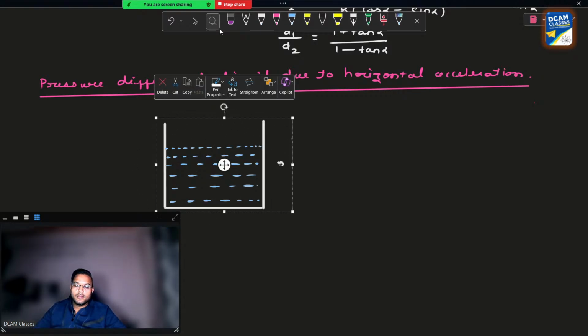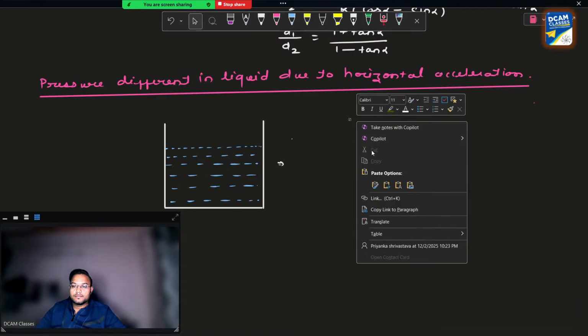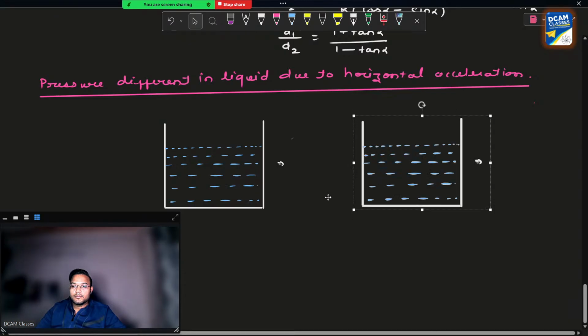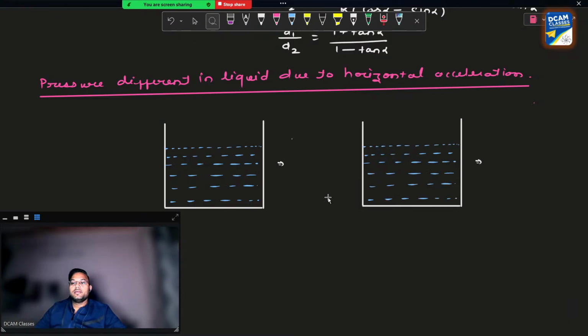Now I have given it some acceleration, and because of this acceleration, what is happening? This is a_x, or a, say. The liquid will change its shape.